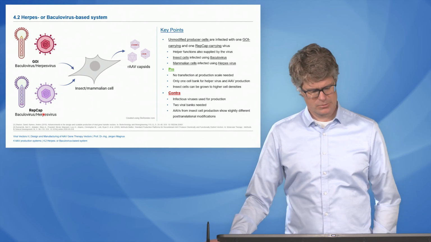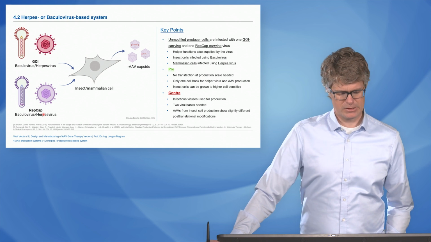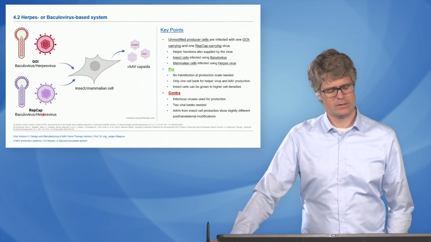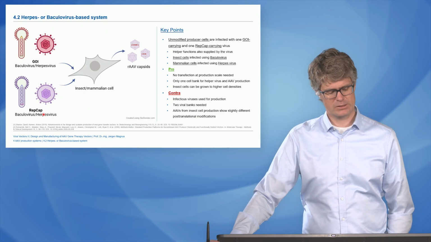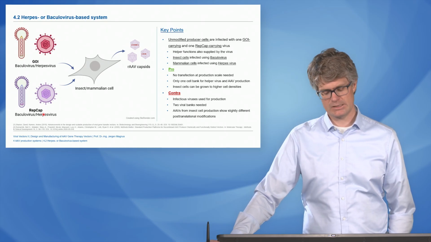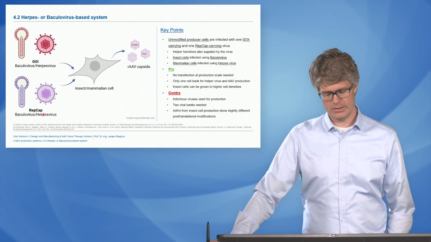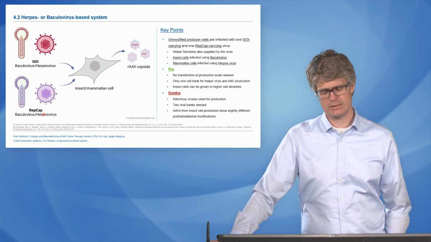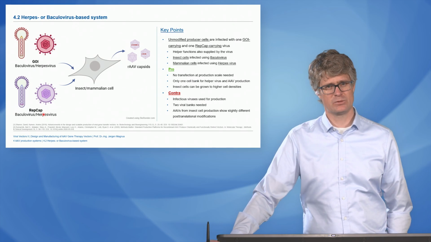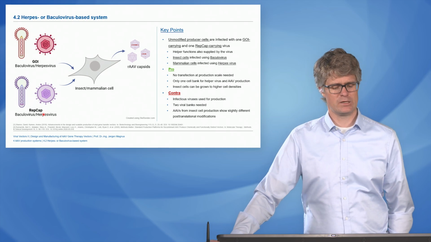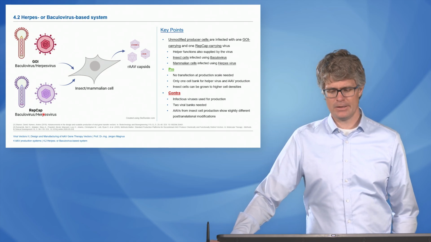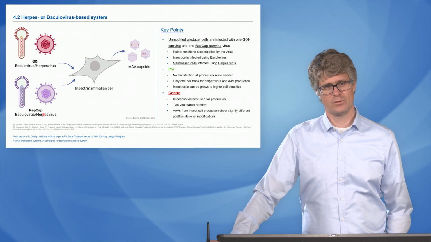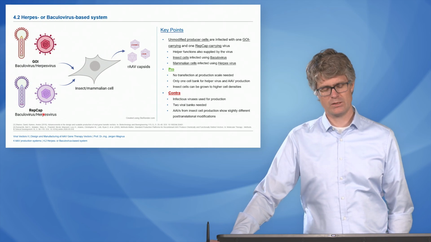There are some disadvantages and advantages. I think most importantly, the post-translational modifications of baculovirus or insect cells could be different than in human cells. So maybe the glycosylation pattern is different on the surface of the capsids, which gives you then a capsid that is slightly different from what you would otherwise have when they're produced in human cells.